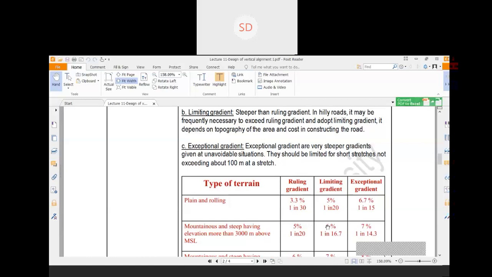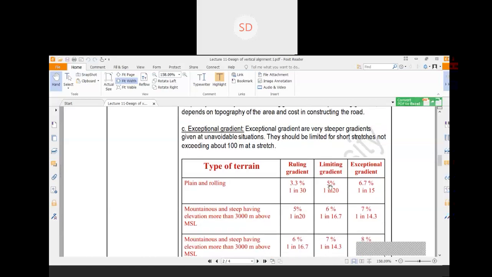That means suppose you are considering the exceptional gradient for a road section of 90 meters, you cannot go beyond the 100 meters. After that, you have to provide some flat area or some downhill area. After that, again you can provide the exceptional gradient of up to 100 meters.